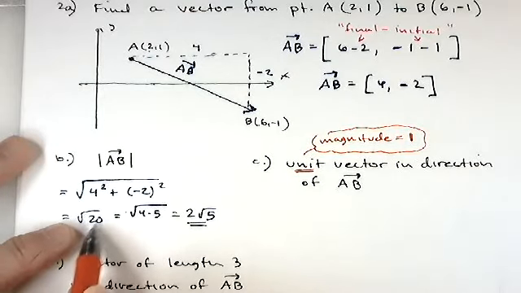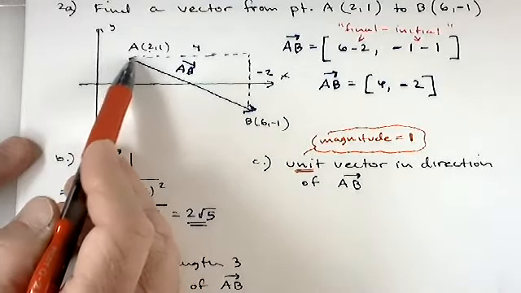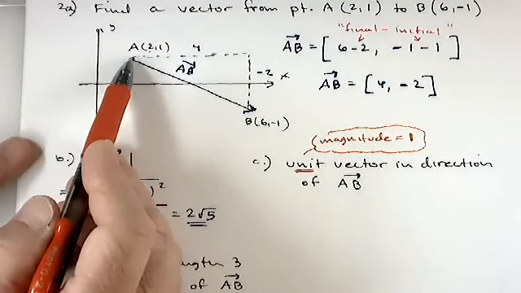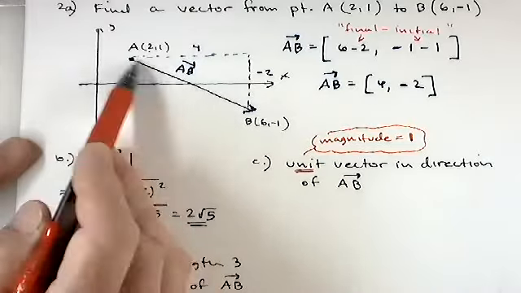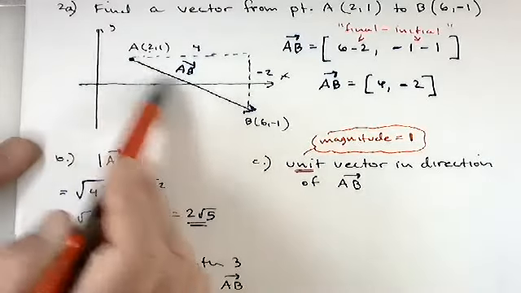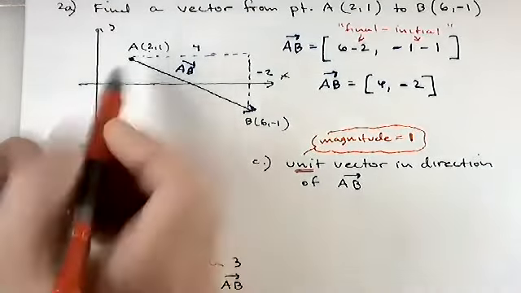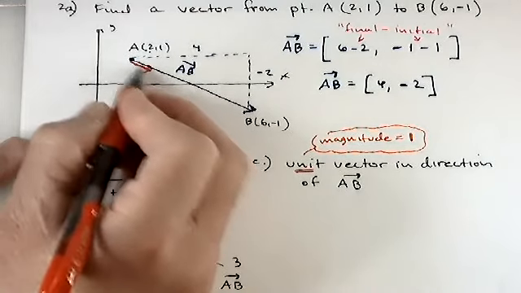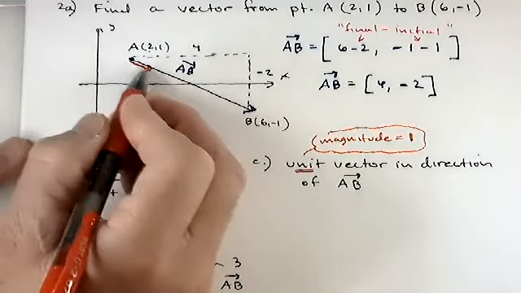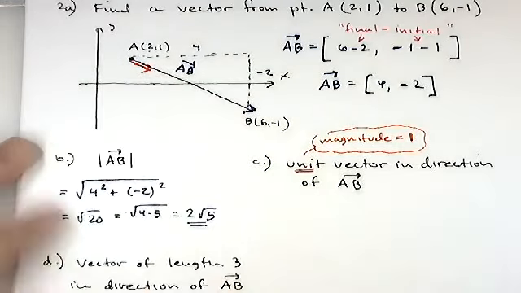Because root 25 is 5. If say you're giving somebody directions, and you're right here and someone says, can you tell me how to get to this point here? You point your finger this way, towards this point. You don't need to have an arrow that's almost 5 units long. You just need a little 1 unit arrow. That's what a unit vector is. It's just a vector of length 1 that's in the correct direction.